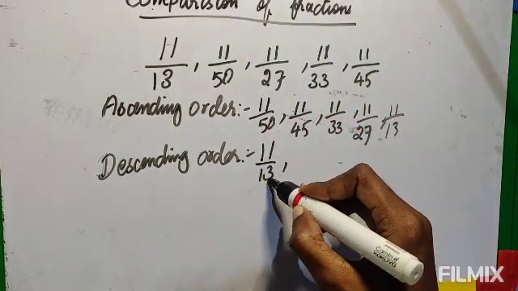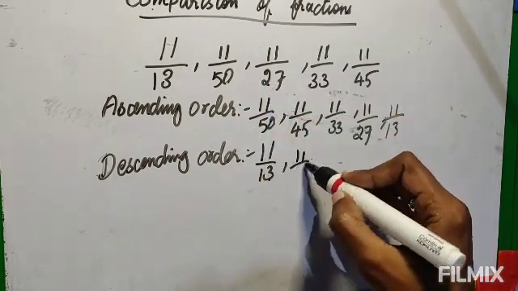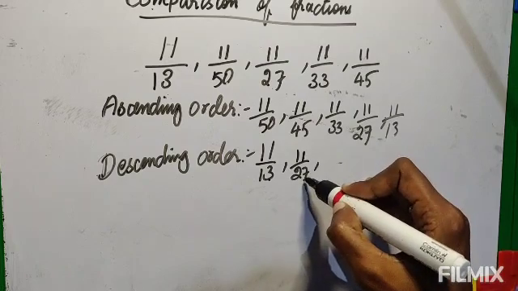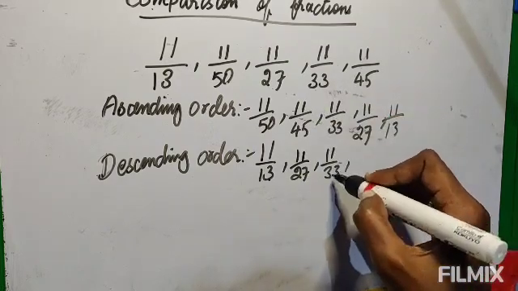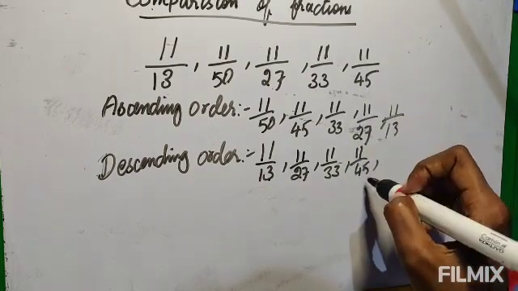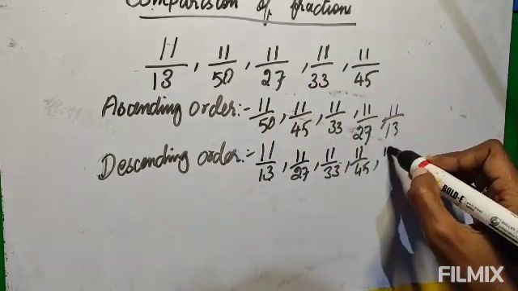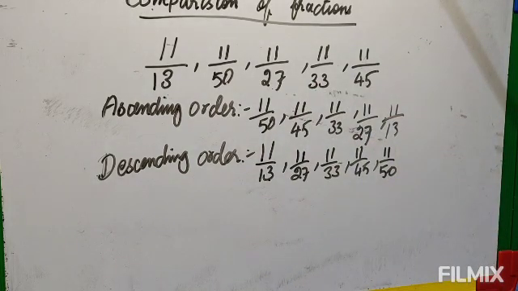Okay, now bigger than 13, next is 27. Bigger than 27, 33. 11 by 33. Bigger than 33, 45. 11 by 45. Bigger than 45, 50. So it is 11 by 50. So this is the way we arrange in ascending and descending order.